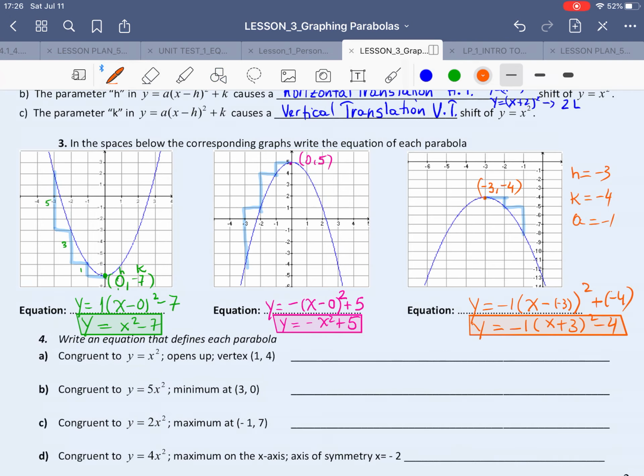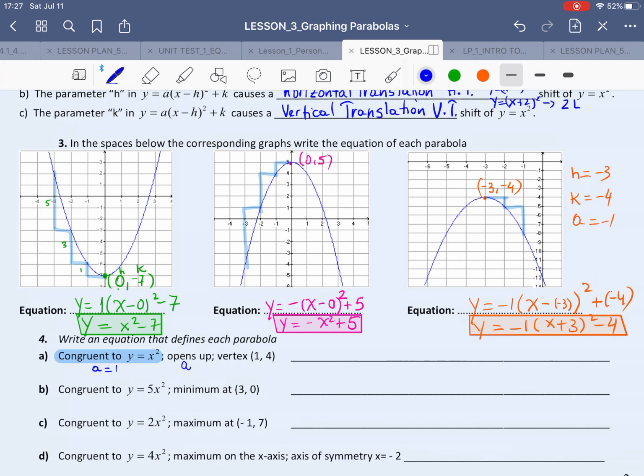So we need to write the equation of a parabola congruent to y equals x squared. Now remember, the word congruent stands for the word same as in shape, okay? So we're going to say this is same as shape, or in other words, we're going to say that the coefficient a will stay 1, because that's what shapes the parabola.